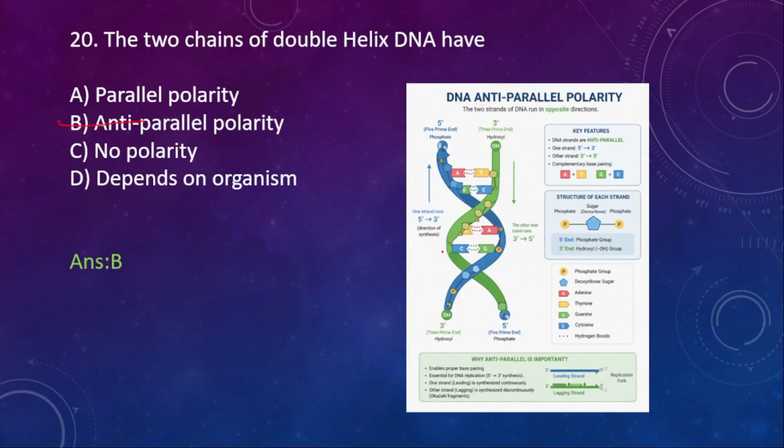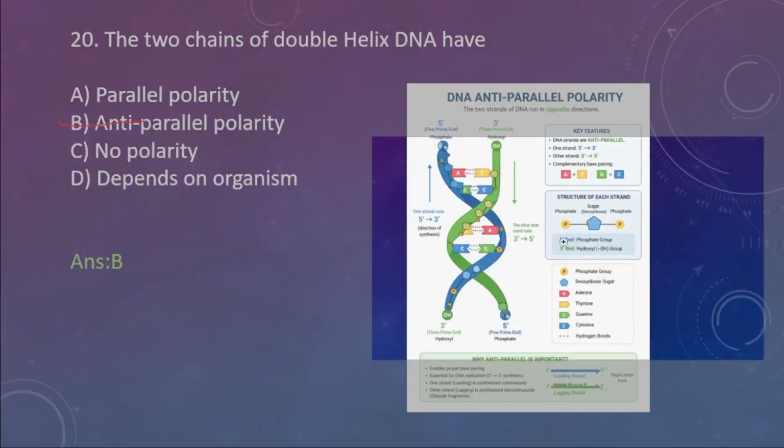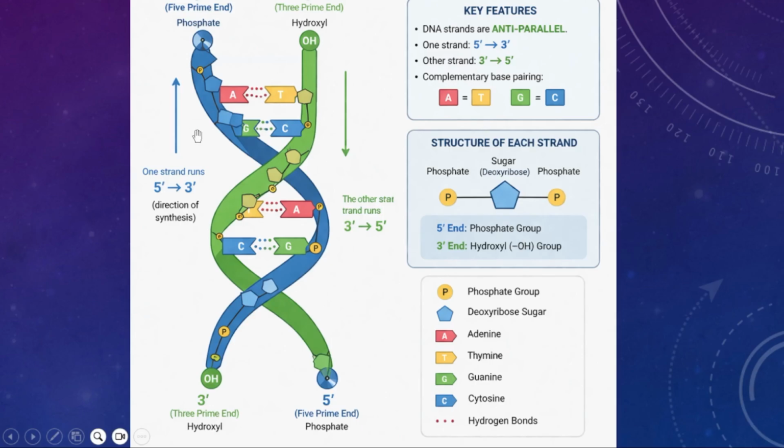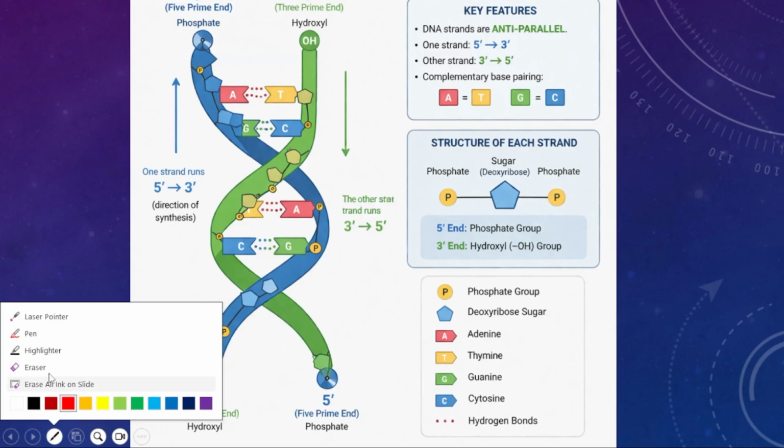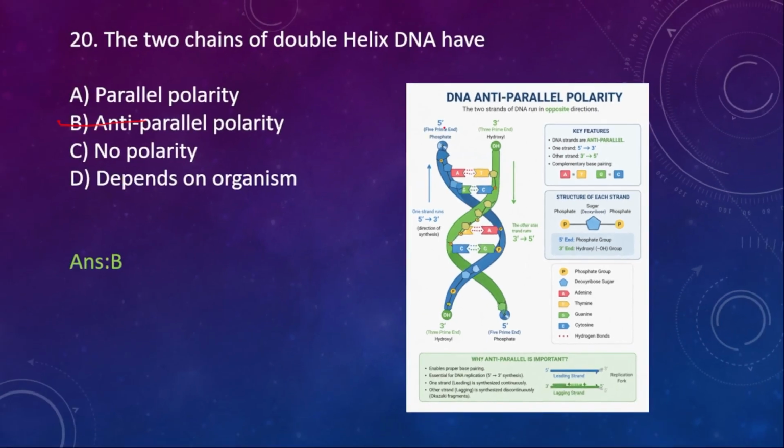See here, let me zoom that one. See here, phosphate is free, so this end is called what? 5 dash end. Here OH is free, that is, hydroxyl is free, so this is called 3 dash.